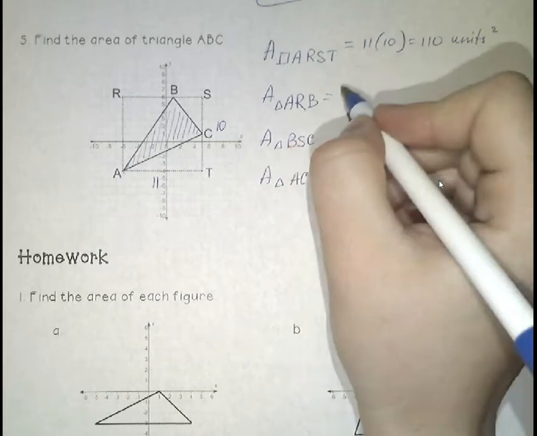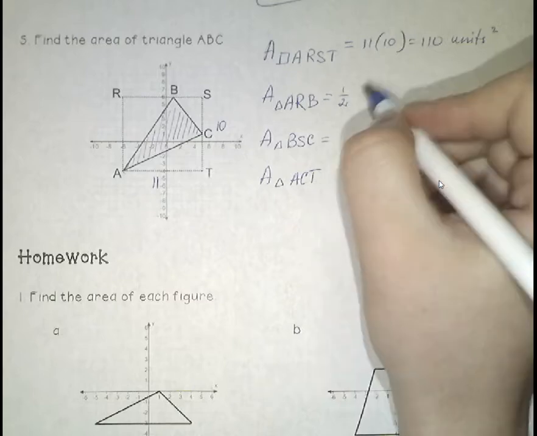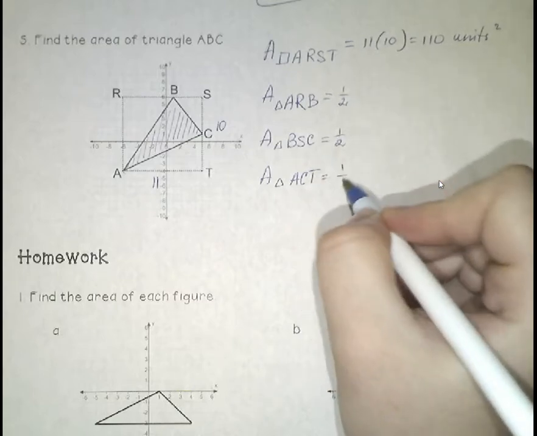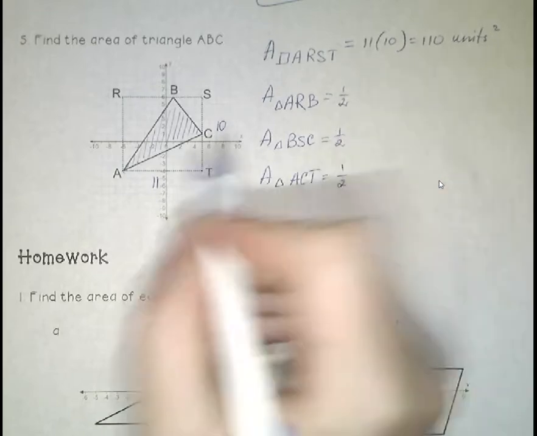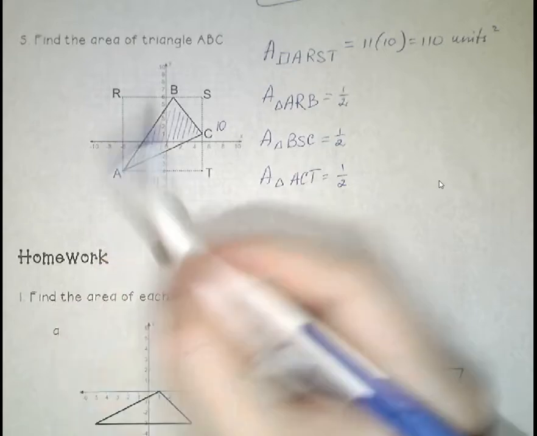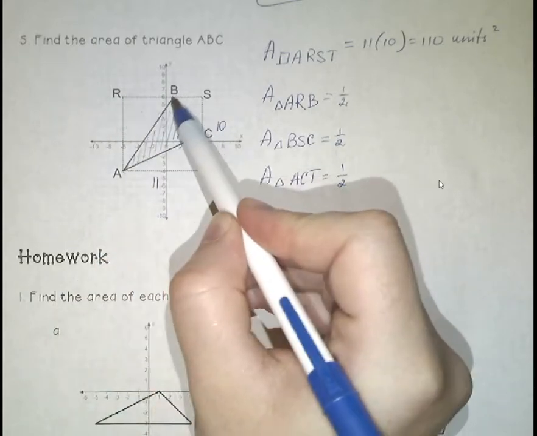Area of the triangle ARB. So area of the triangle is 1/2 times base times height. So right away I'm writing 1/2 so I don't forget. Okay, and now we are looking at the base and the height. So first ARB, this triangle right here. Its base is going from -6 to 1.